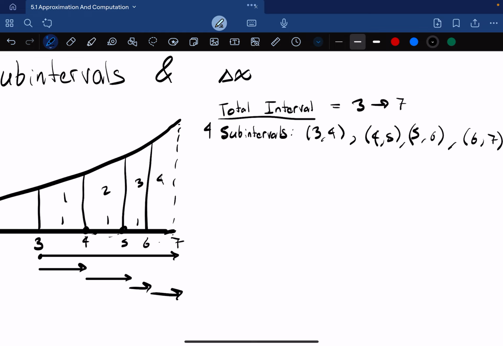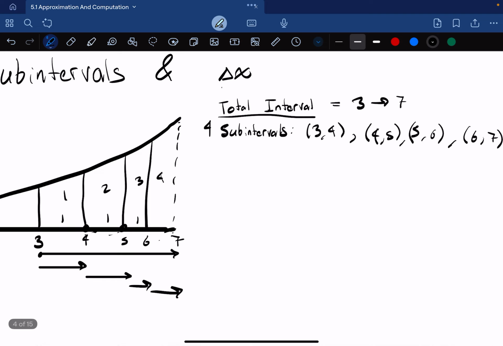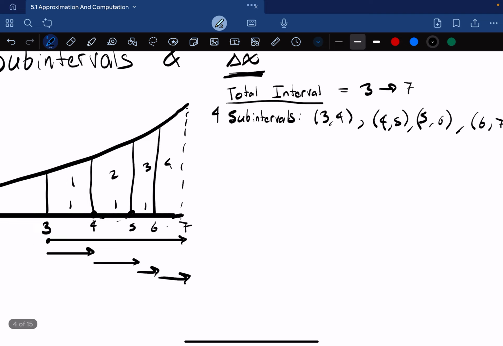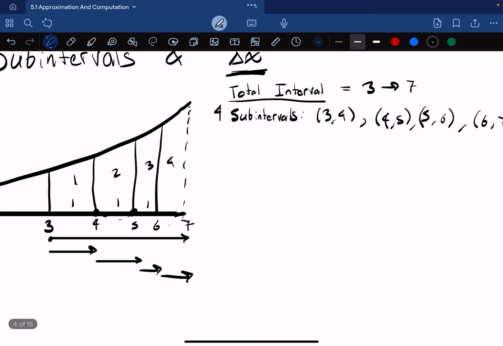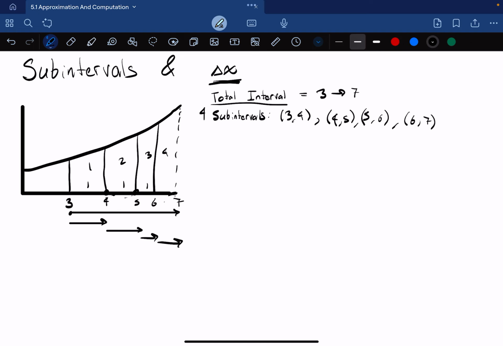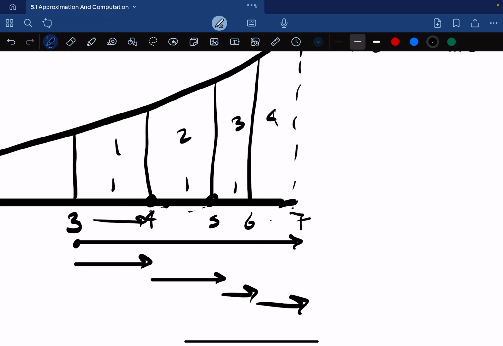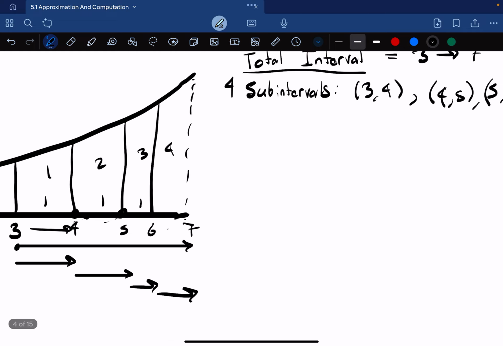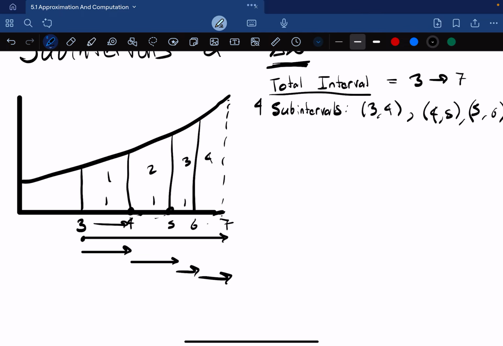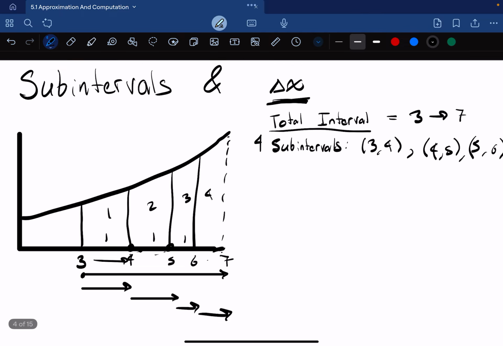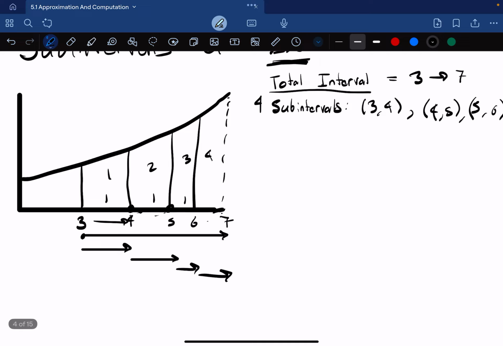Now that we know what a subinterval is, let's figure out what this delta x means. Delta x is a notation that we use specifically when we're talking about approximation, and all it represents is the distance of each subinterval, so pretty much the width of each of these rectangles.